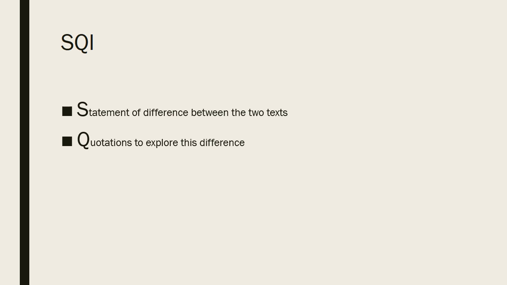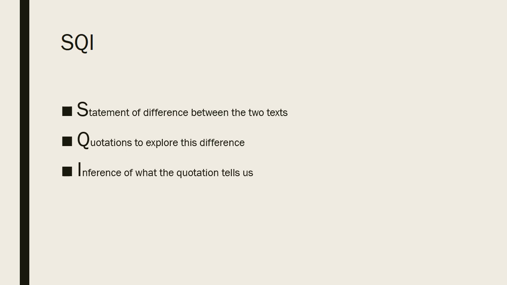Now again, this is an area in which some people fall down because they're not analysing language. They can forget to use details, but you must use a detail to explore it, because that then leads you towards the inference behind what the quotation tells you. So SQI is statement, quotation, inference.